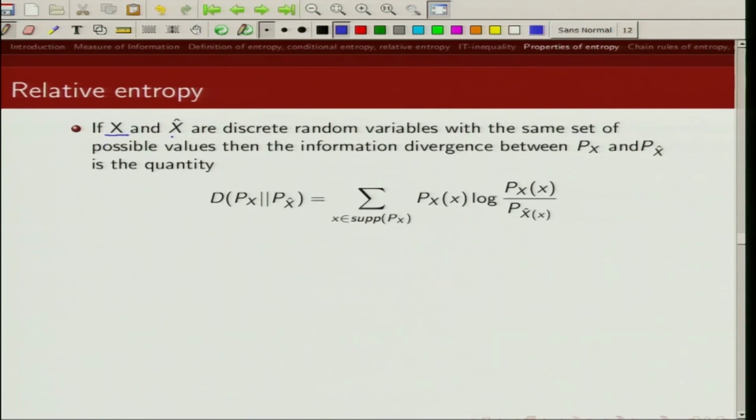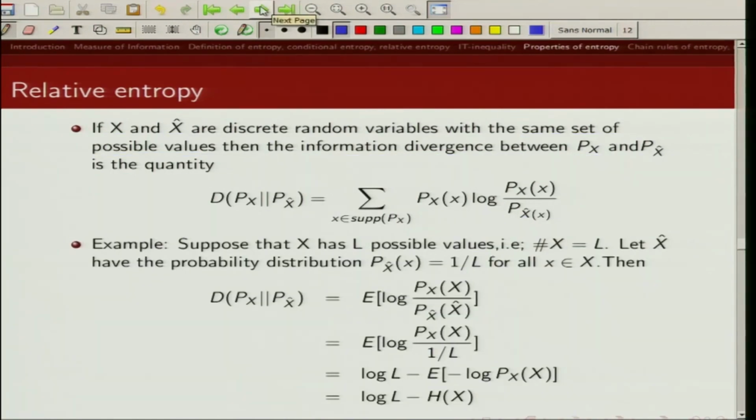If x and x hat are two discrete random variables with the same set of possible values, then the information divergence or relative entropy between p(x) and p(x hat) is defined as follows. This is the expectation with respect to x of log of p(x) divided by p(x hat).